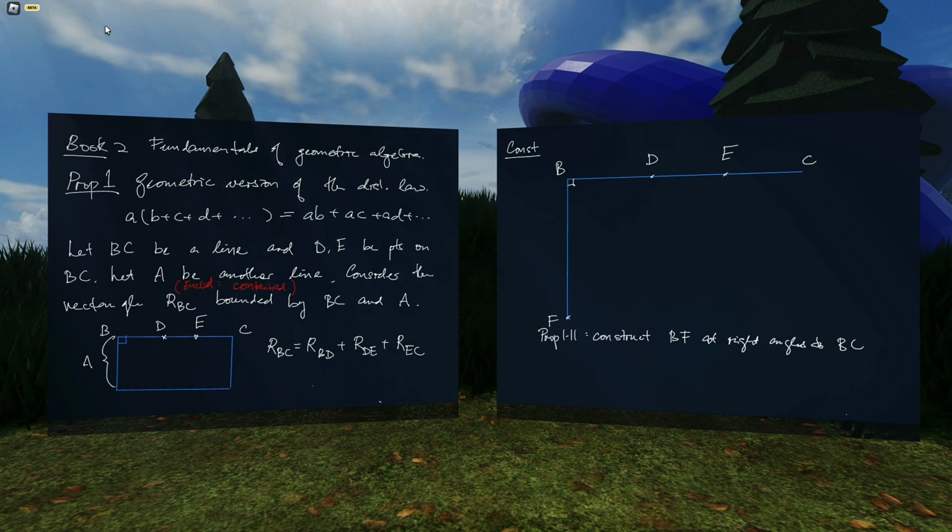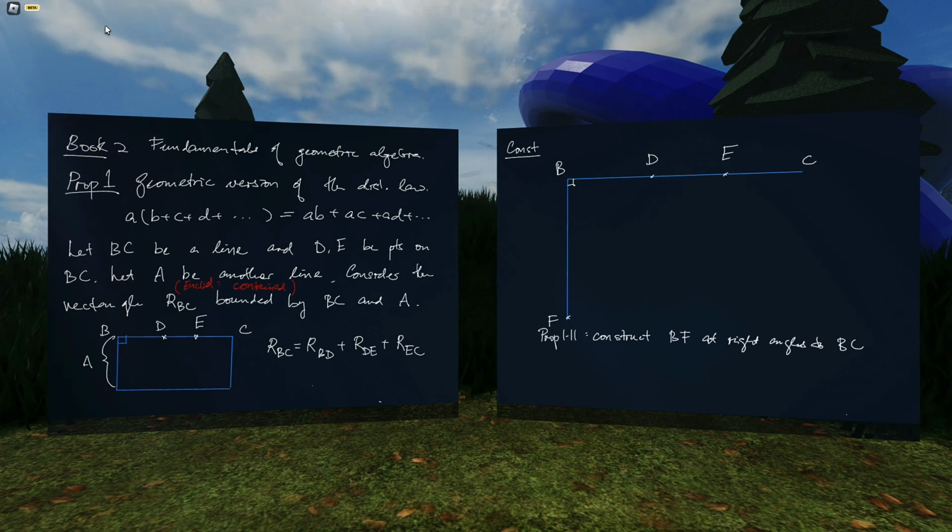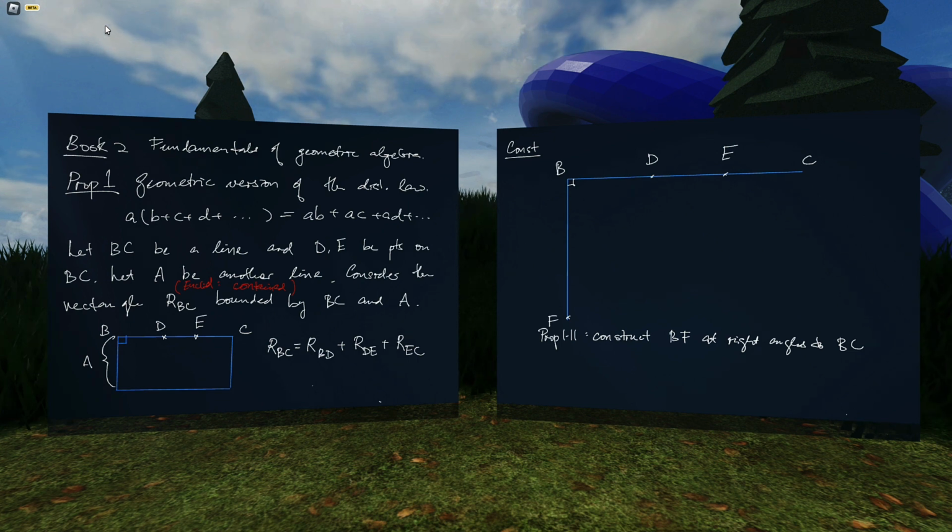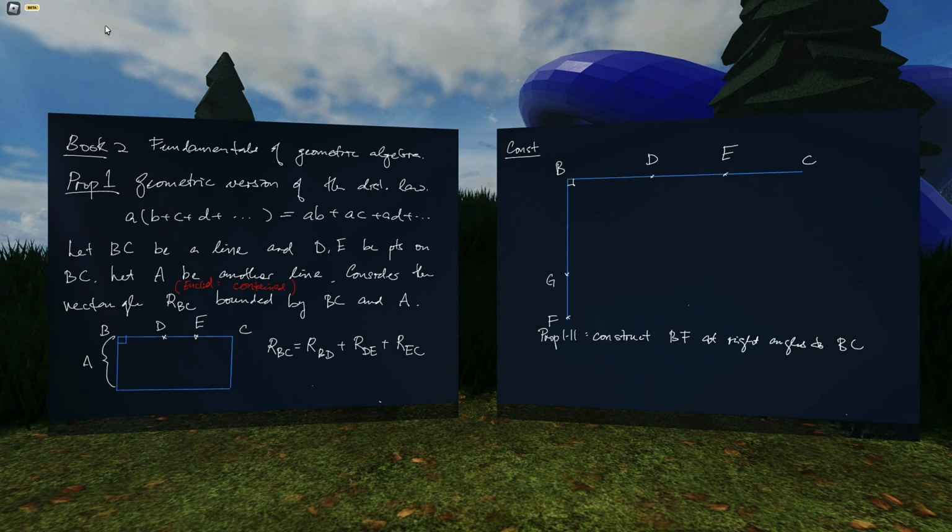We need to bring A into the picture because A was the length of the other line segment that we wanted to be the other side of this rectangle. So we're going to cut this line at the point G using another proposition from chapter 1, which is proposition 1.3.